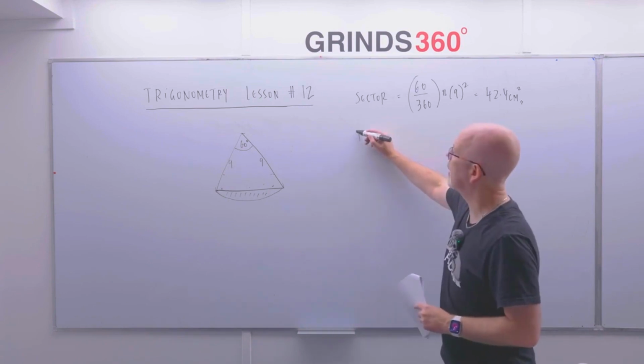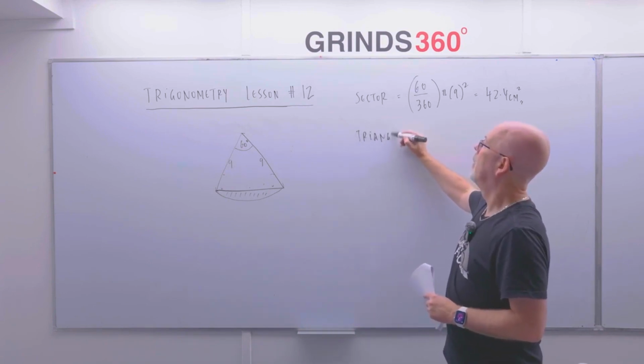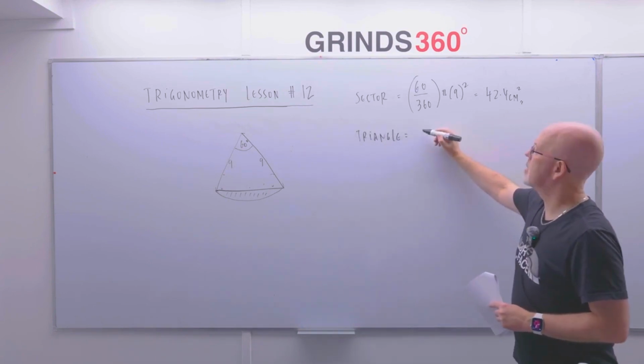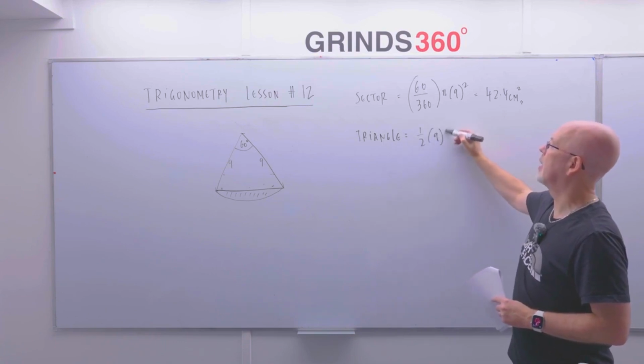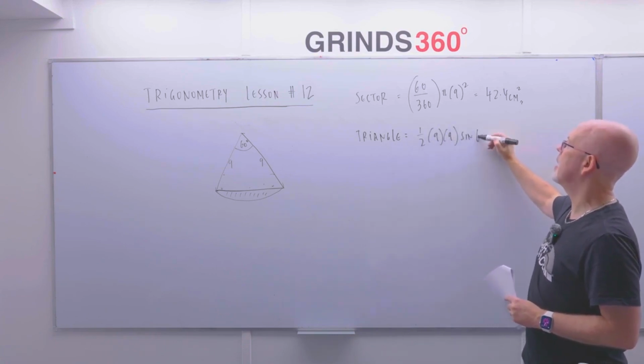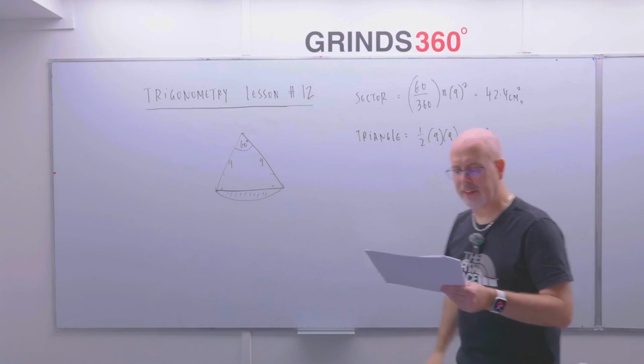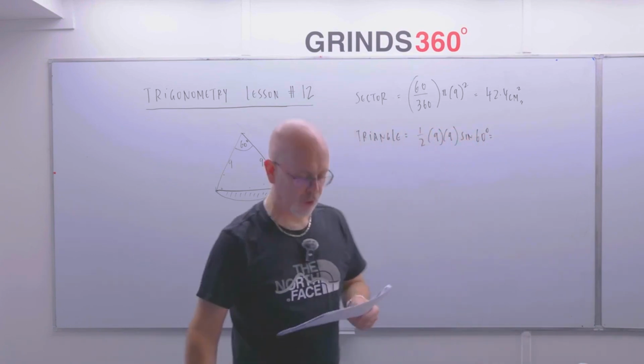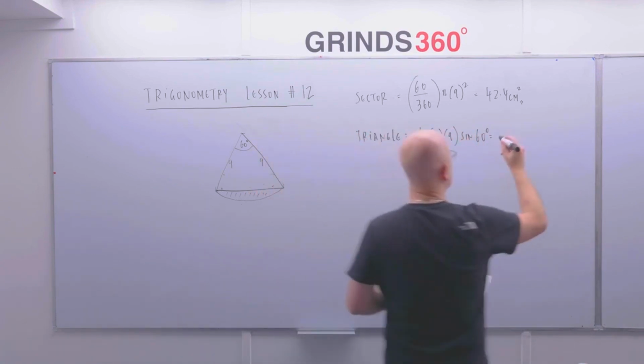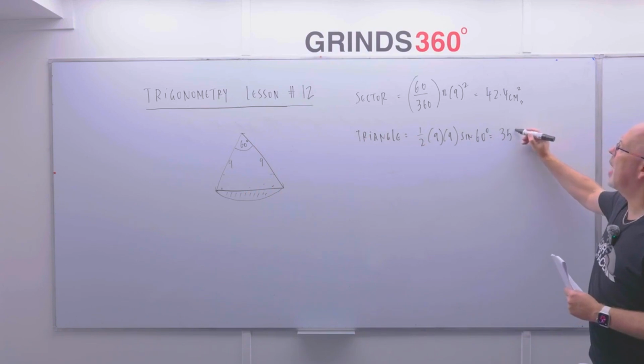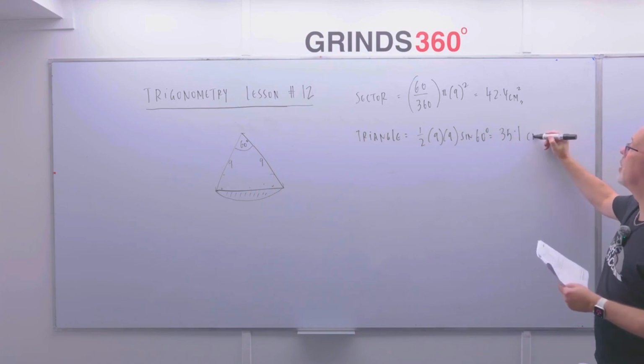So to get the area of the triangle, it's just going to be a half times 9 times 9 times sine 60 degrees. If I put that into my calculator, it comes out as 81 root 3 over 4, but again, I'll decimalize that, because he wants me to give it to the nearest centimetre. So it's 35.1 centimetres squared.